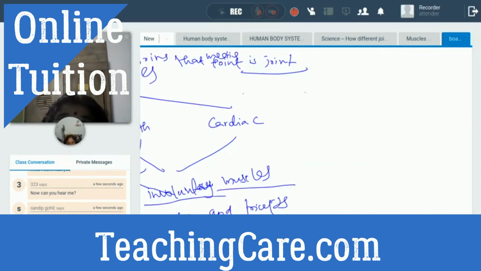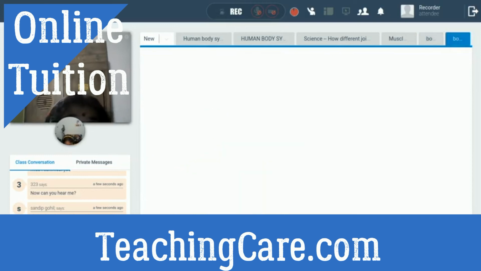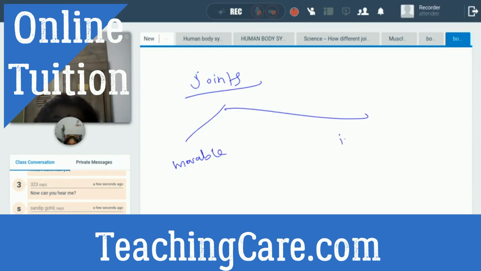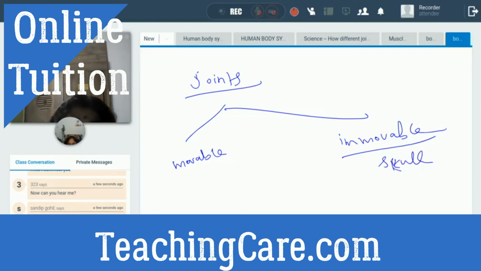So what are the types of joints? In joints also, there are 2 things: movable joints and immovable joints. Immovable, like the skull, is an example.